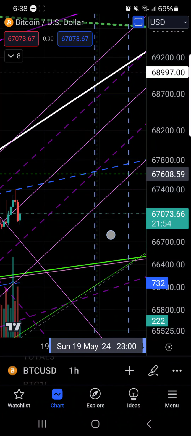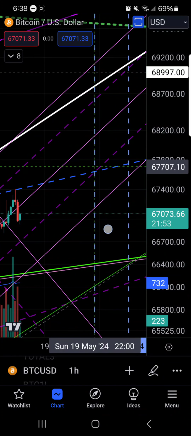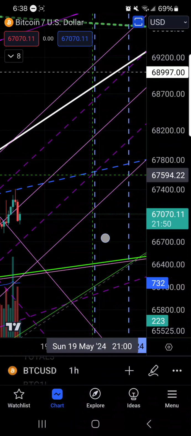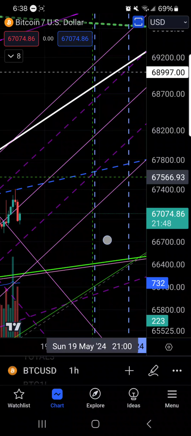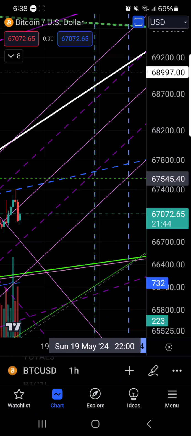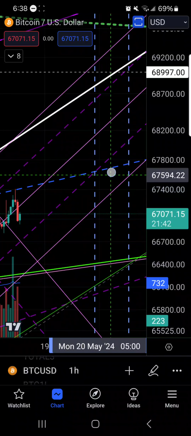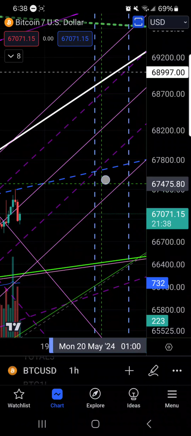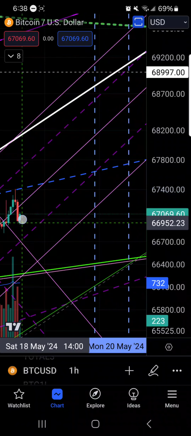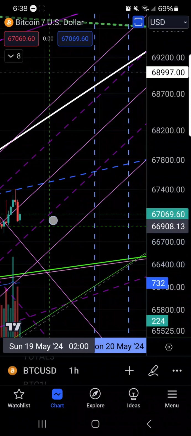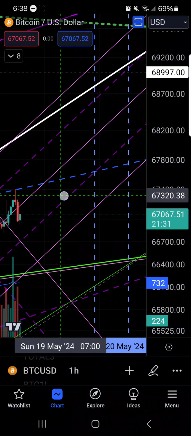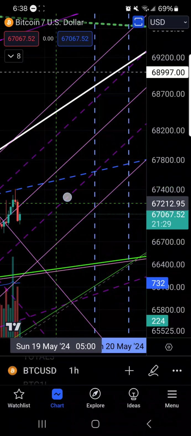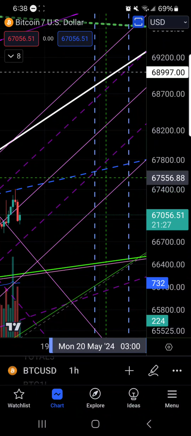It should be right over 67.5. Right around there, so just below the blue center line. So probably just keep going up like this over the weekend. Nothing fancy. Maybe we'll see it dump down or up just to get some liquidations, but probably just hang out in this area. So that's about that.